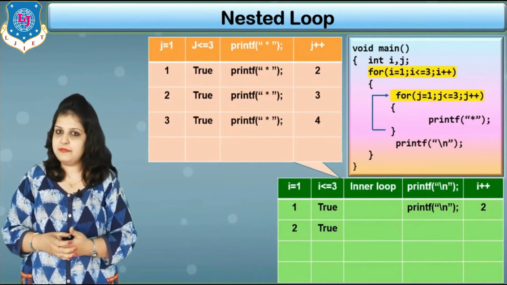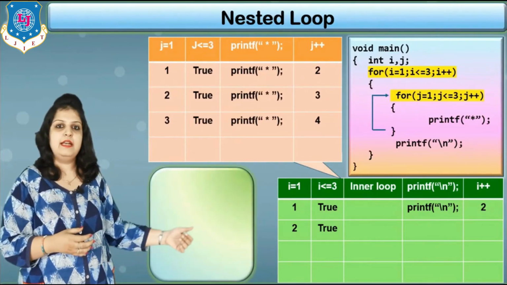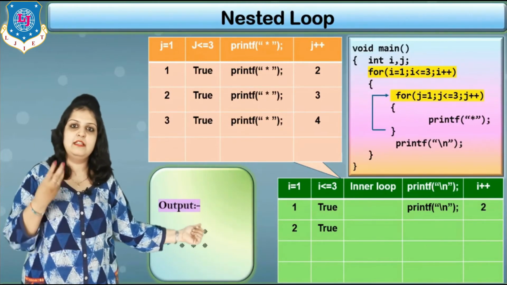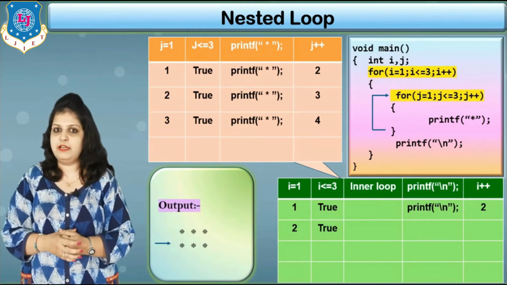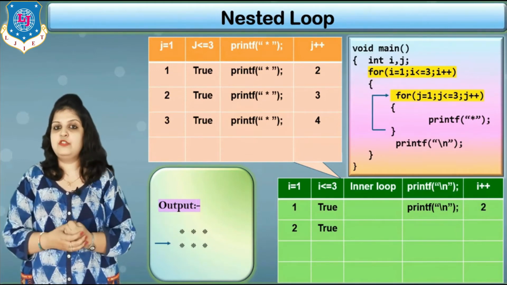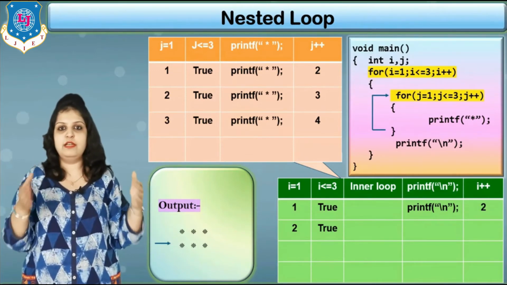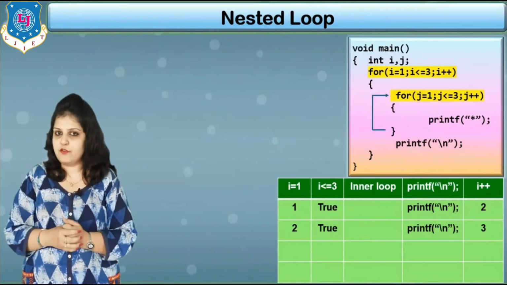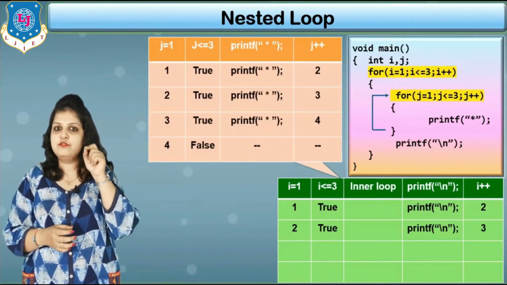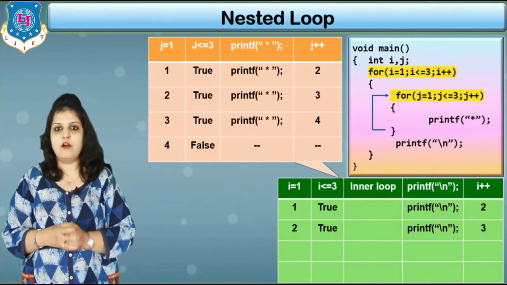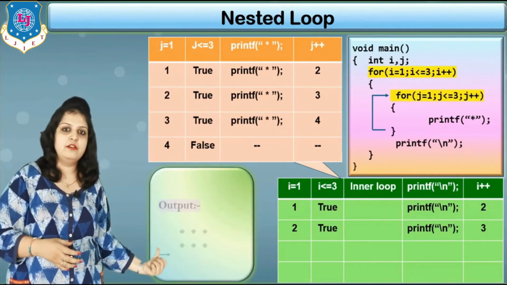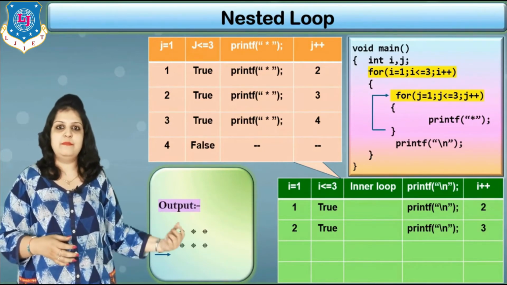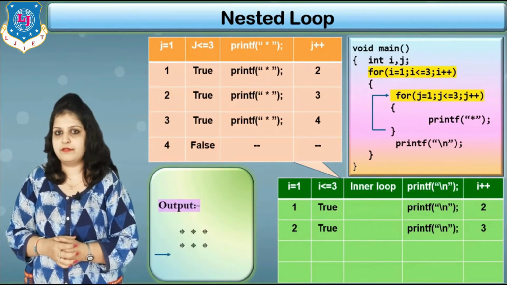So again printf star is executed, and in the second line the third star will be printed, and j incremented. So j becomes 4. Now check the condition, but 4 less or equal to 3, now the condition becomes false, and our control goes outside the column loop, and printf /n will be executed, and our control goes to the new line, means a new line will be printed here, right.